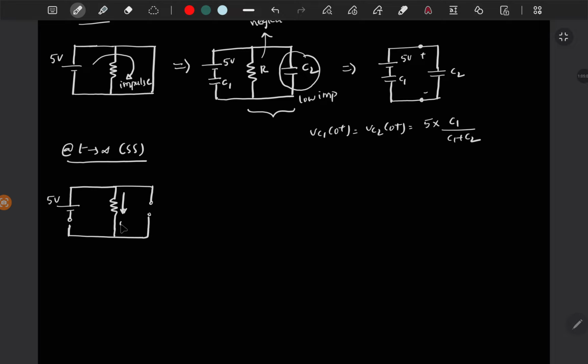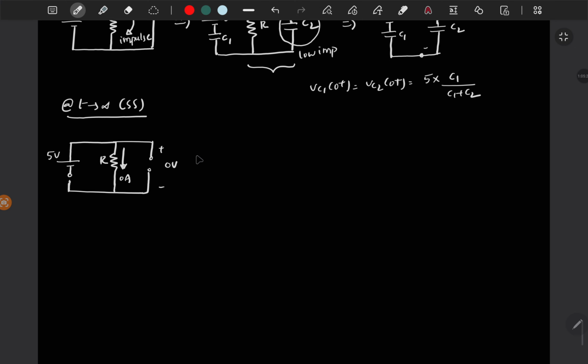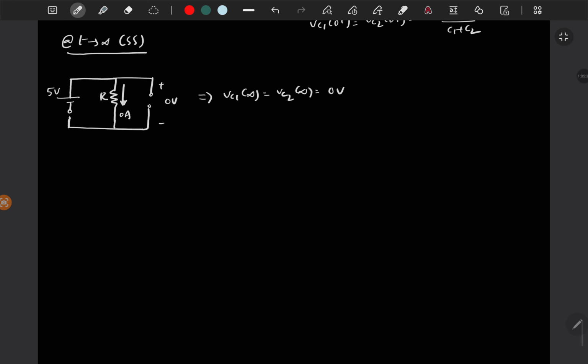There is 0 amps of current flowing through this finite resistor, so you will get a voltage drop of 0. So if the voltage drop is 0, then you will get across capacitors C2 and C1 0 volt, which means finally both capacitors are going to 0 volt. So the steady state voltage of both the capacitors, Vc1 of infinity and Vc2 of infinity, is 0 volt.